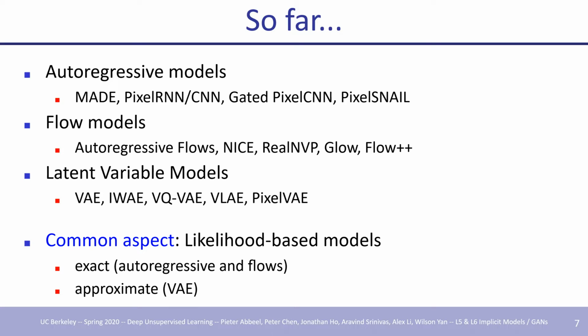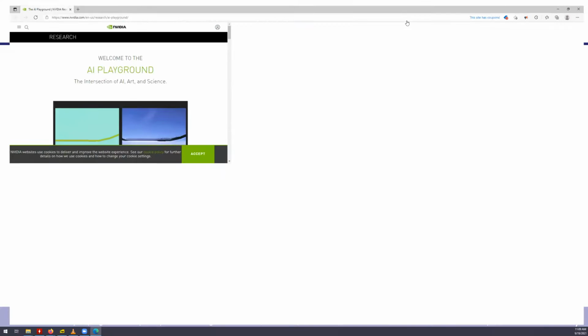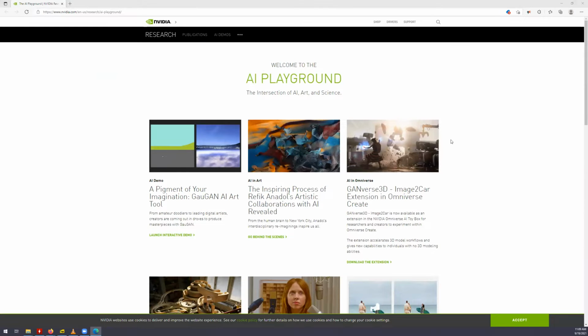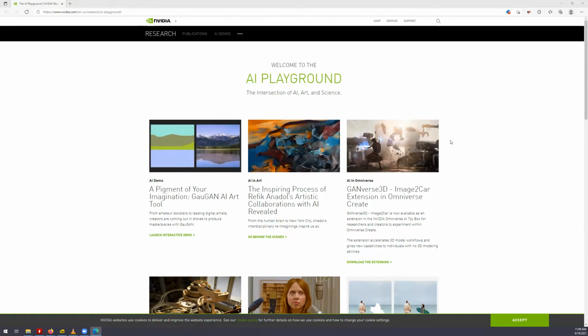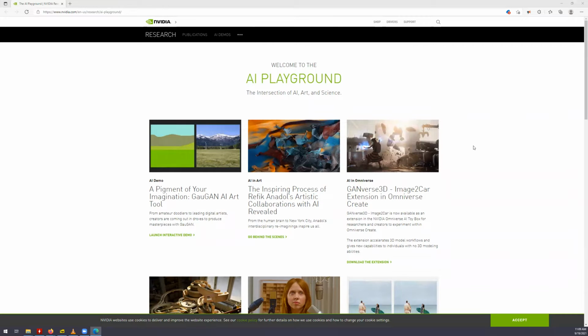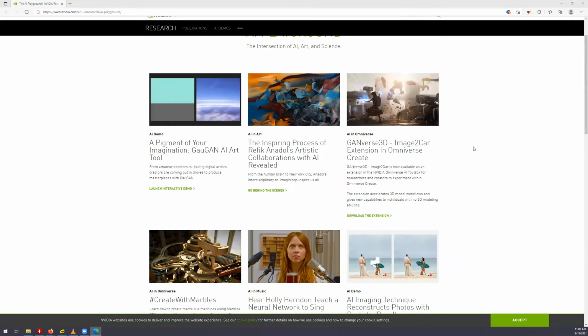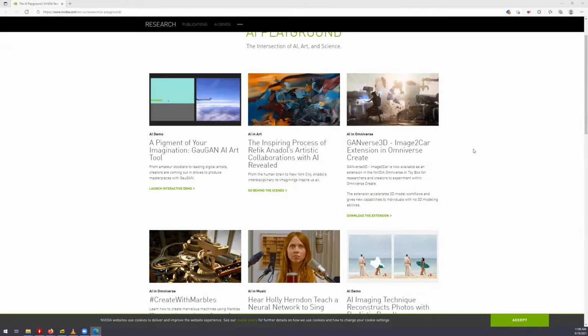Can you hear me? Yep, it's pretty faint, but go ahead. It's for the stuff that you just talked about, the different GANs and the interpolation of the faces. This is NVIDIA's playground for doing all of that. Oh, okay.